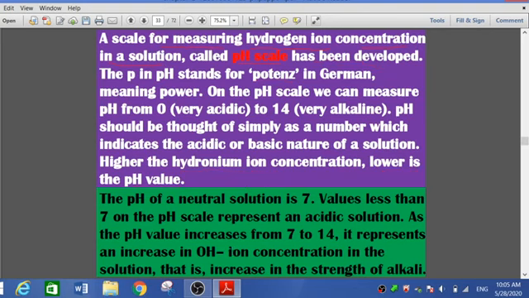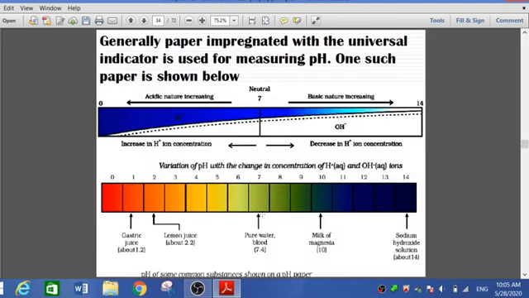Now next topic. Generally, pH paper is one where we have used universal indicator for measuring pH. It is called a pH strip. So acidic nature always means increasing H plus ion concentration.